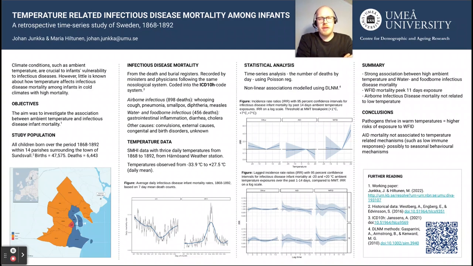These in turn have been grouped into three causes of death: airborne infectious diseases, water and foodborne infectious diseases, and other causes. Temperature data is gathered from a weather station north of this area, the Härnösand weather station.